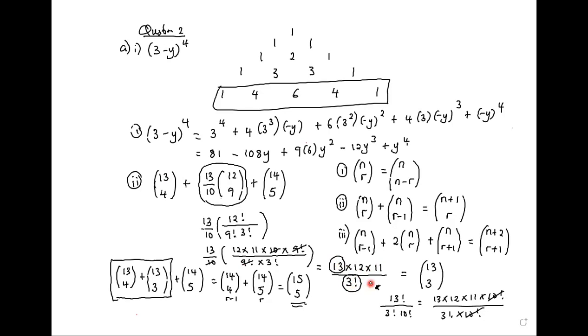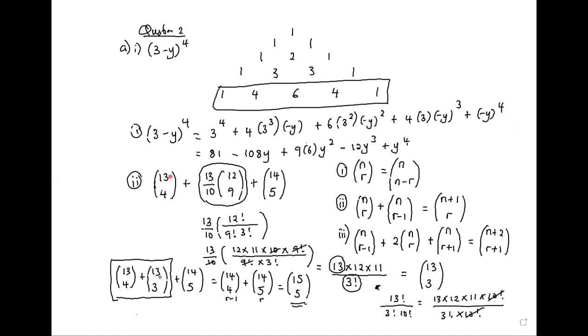By what? By a number up there, and the number which is missing up there is 10 factorial. So it means if we say 13 choose 3, it should make sense, because if I'm to bring back the missing numbers, I'll have a 10 factorial there, and a 10 factorial down here. Since 13 minus 3 is 10. So now I've verified that this is just 13 choose 3, which we get and put here.